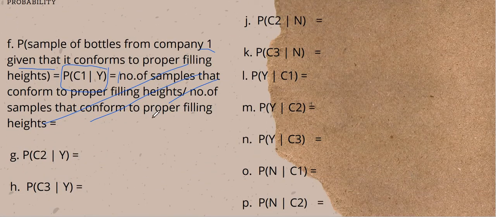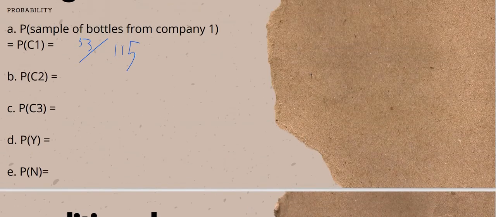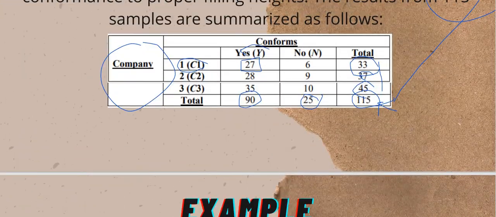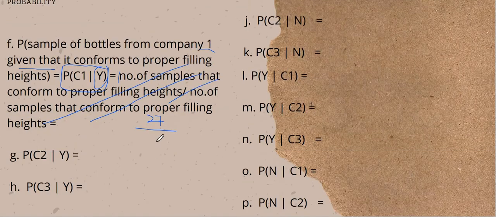27 over, you must be over, not with the total 115. You must be over with the Y, the yes one. So it will be 90. Okay, is it okay?